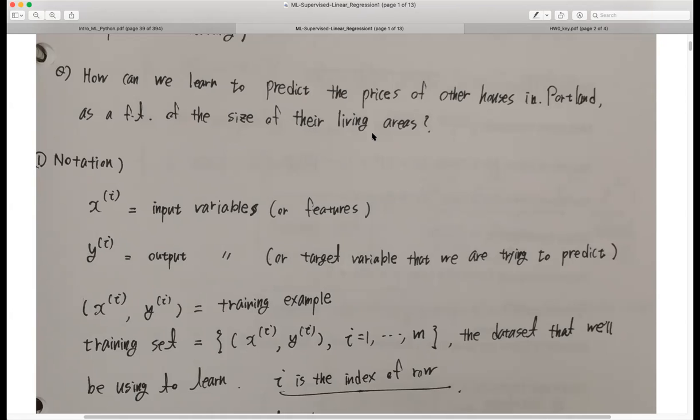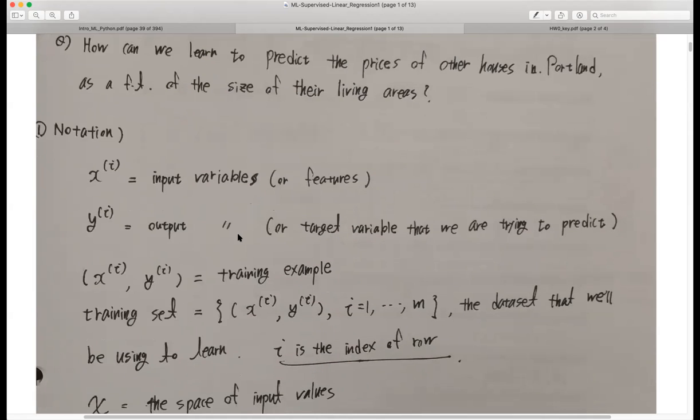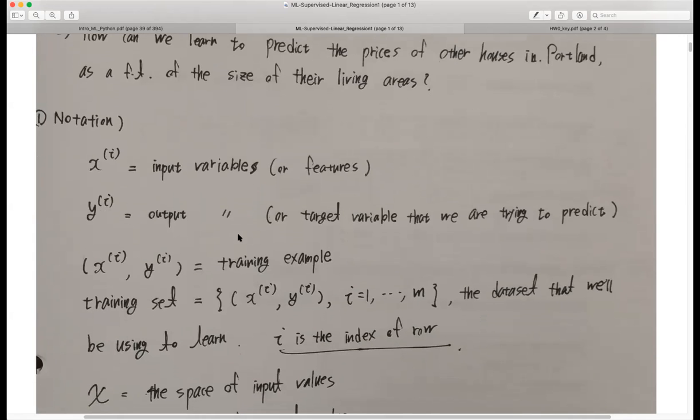There are a whole bunch of parameters, so in general the feature is not just one. There are a lot of features we have to think about.